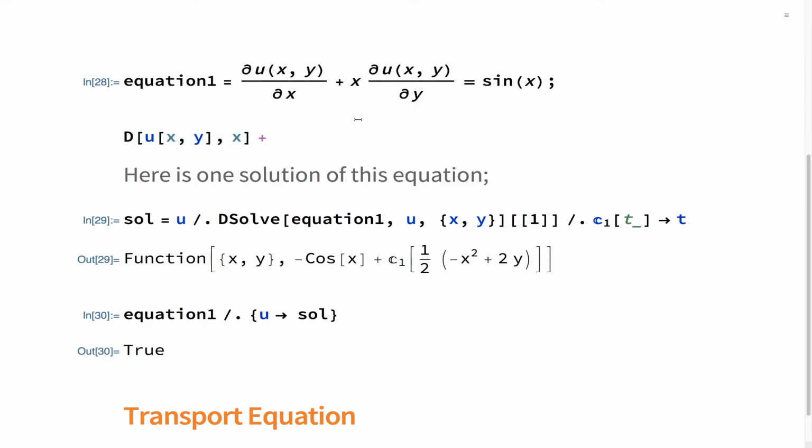Then plus x times, and for this, similarly in this method, we have D of u[x, y], with respect to y, so we have y here, and then it is equal to sine of x. So we use the double equals, sine of x. This is the same way you can write it in this format as well.